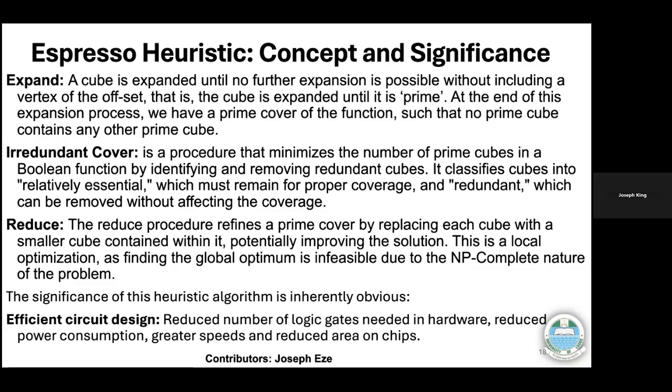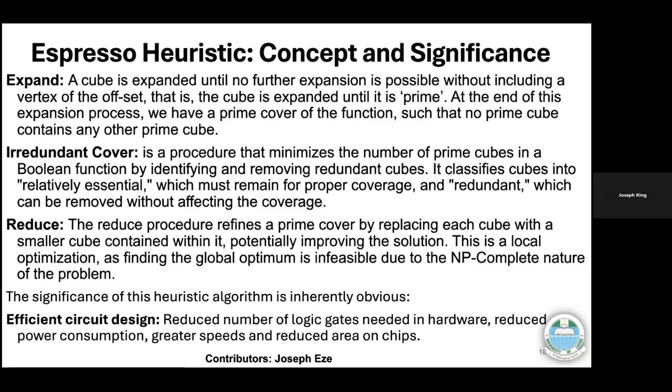So the reduce procedure transforms a prime cover into a new cover by replacing each cube with a smaller cube contained within it. After this process is done, we iterate again until there's no further improvement in the optimality of the reduction.